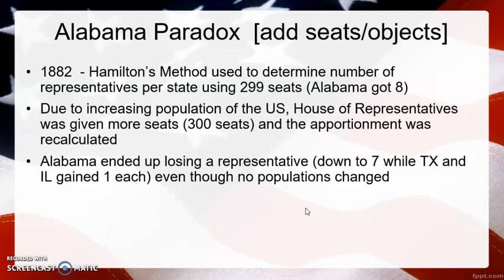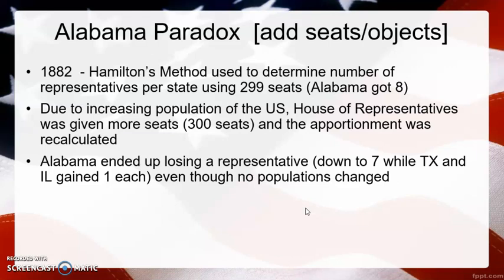So in the Alabama paradox, you add a seat or an object, so you increase the number of seats that are going to be apportioned, and that in and of itself causes a state to lose one of its seats. You'll notice that Alabama lost a seat while Texas and Illinois both gained a seat.